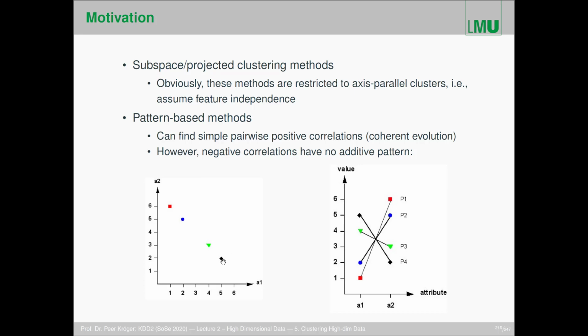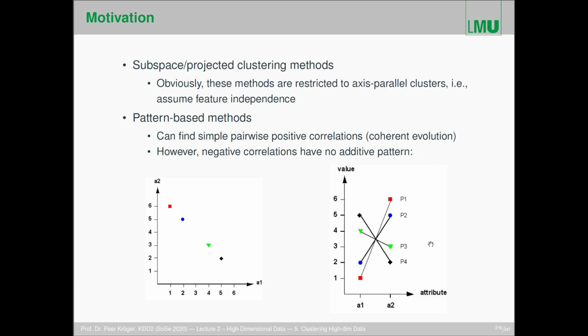They are very similar to each other if you project them on this subspace, which means those points have a negative correlation. And if you have a look at the parallel coordinate visualization here, you see that this pattern cannot be found by coherent evolution patterns. This is not a coherent evolution pattern.